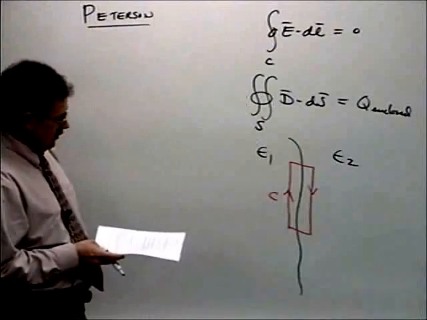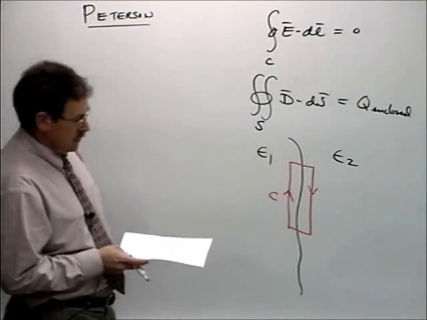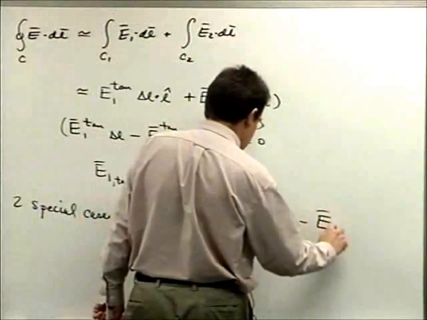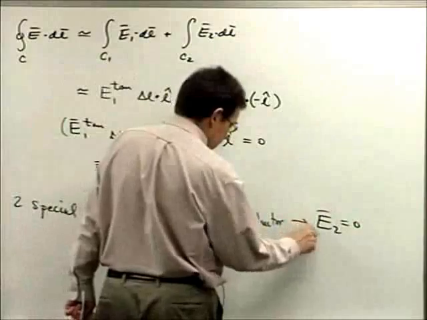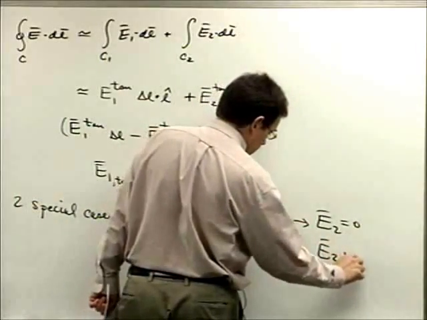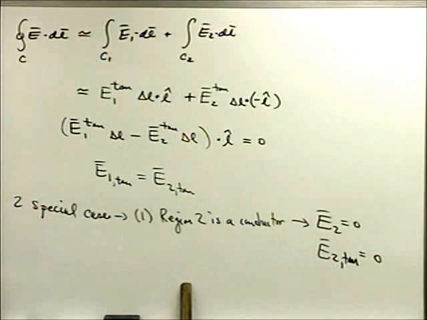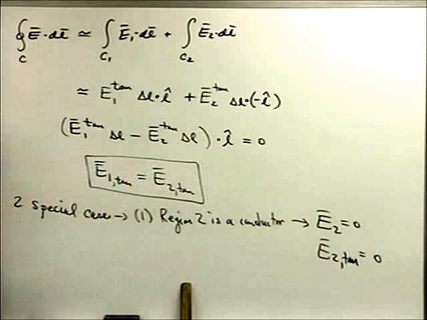What is the electric field in region 2 going to be if it's a conductor? It's going to be 0. So that means E2 is equal to 0. And if E2 is equal to 0, then the tangential part of that, E2 tan, is also going to be 0. And according to this equation, that means that E1 tan is going to be 0.